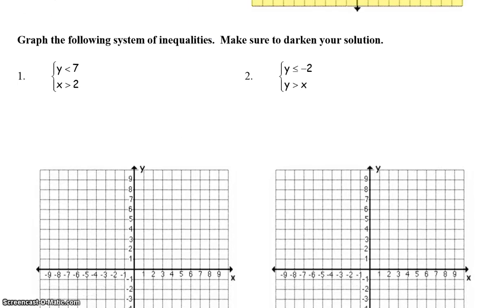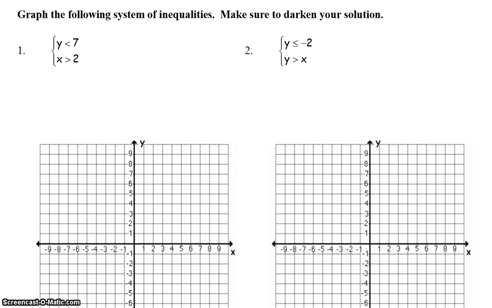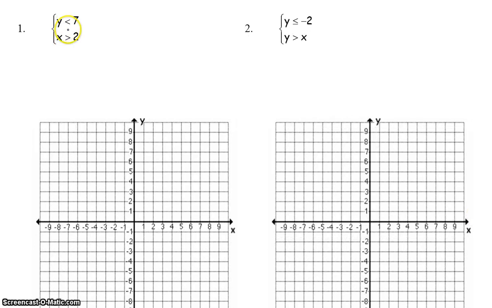The last part of today is no different than the first part. However, we do have to recall how to graph vertical and horizontal lines for this. If I have just a y equals, there's no x involved at all, that's a horizontal line. This is going to go through 7 on my y-axis.